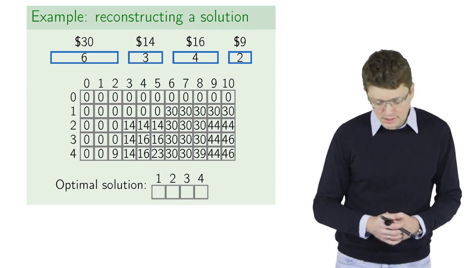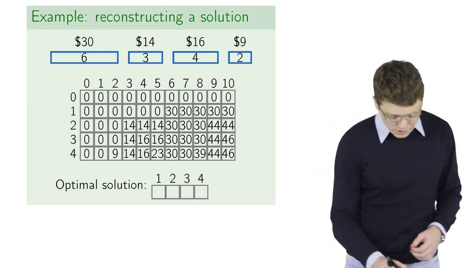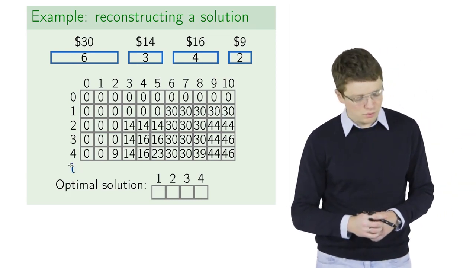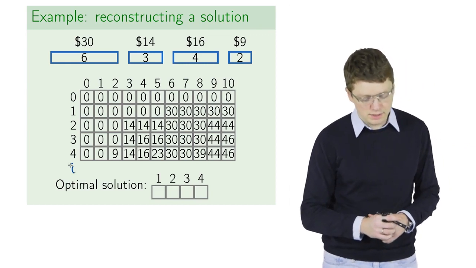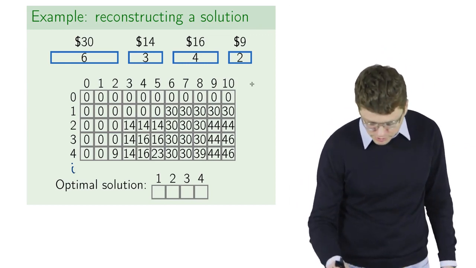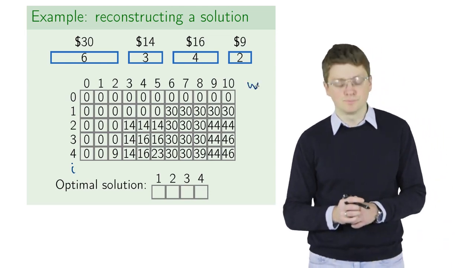You can see such a two-dimensional array on the slide already filled in. So here all the rows are indexed by all possible values of i, and all the columns are indexed by all possible values of w.